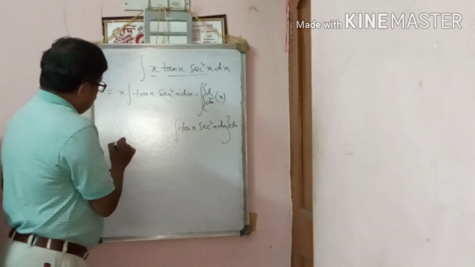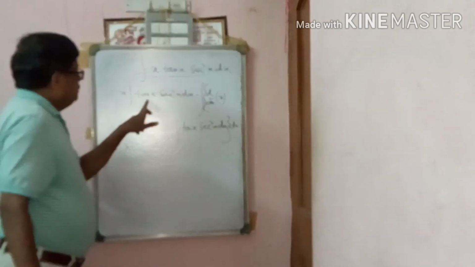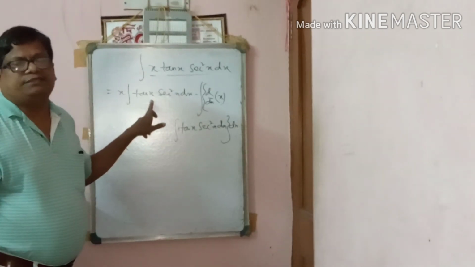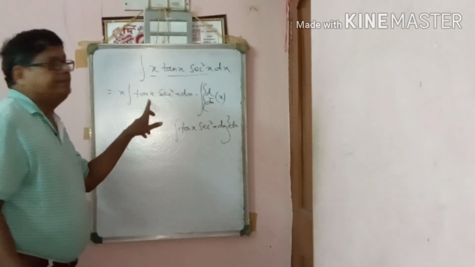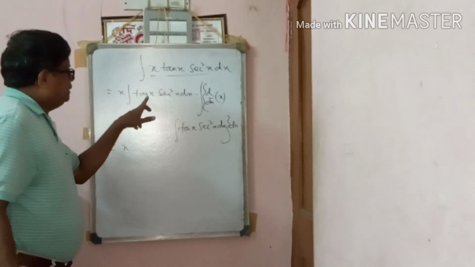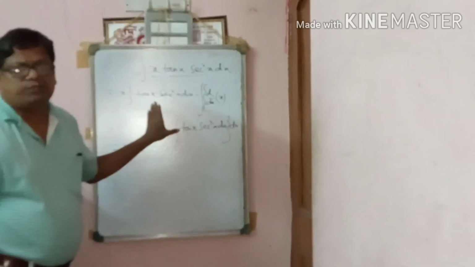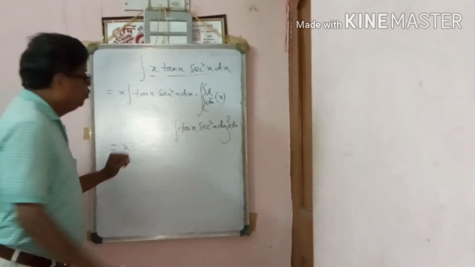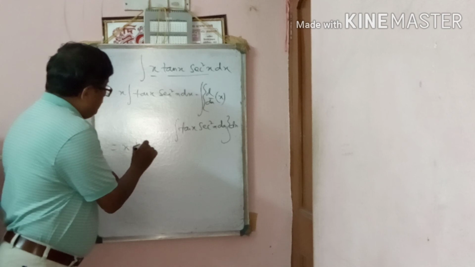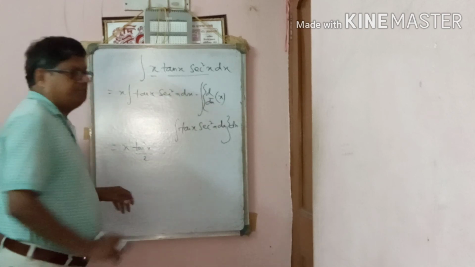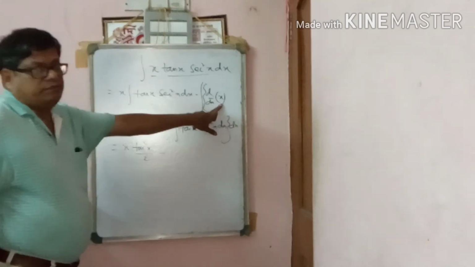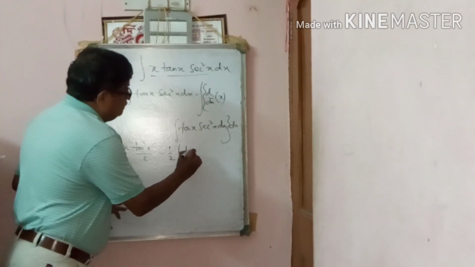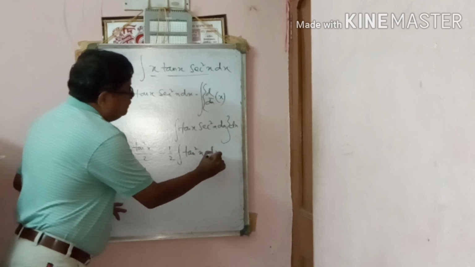Now tan x, all of you know its derivative is sec square x, so put the constant z, z dz, z square by 2. So it will be tan square x by 2 minus d/dx of x is 1, half integration of tan square x dx.